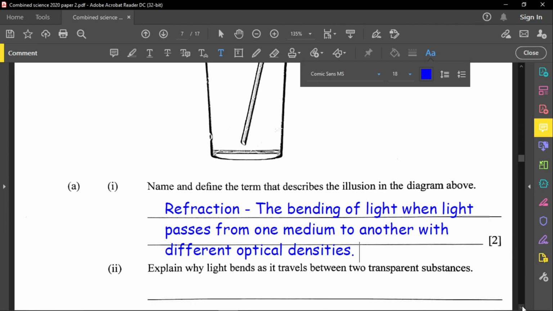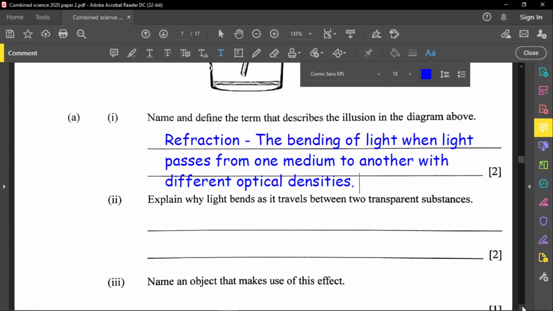Here it said, explain why light bends as it travels between two transparent substances. One of the main reasons is because the speed will change. So one, because of a change of speed, and that's why it bends.